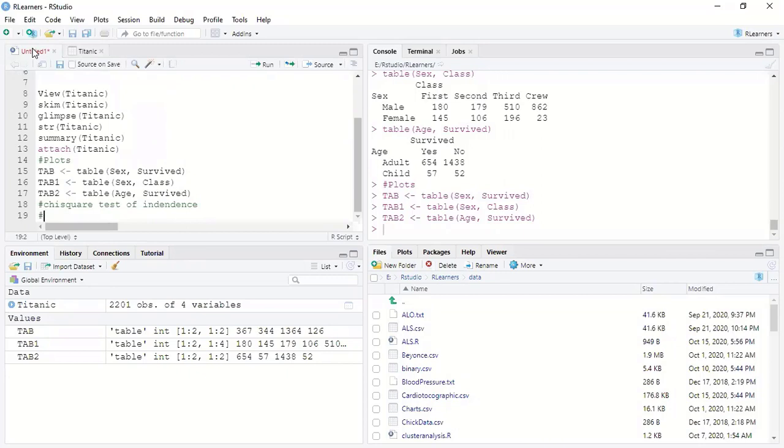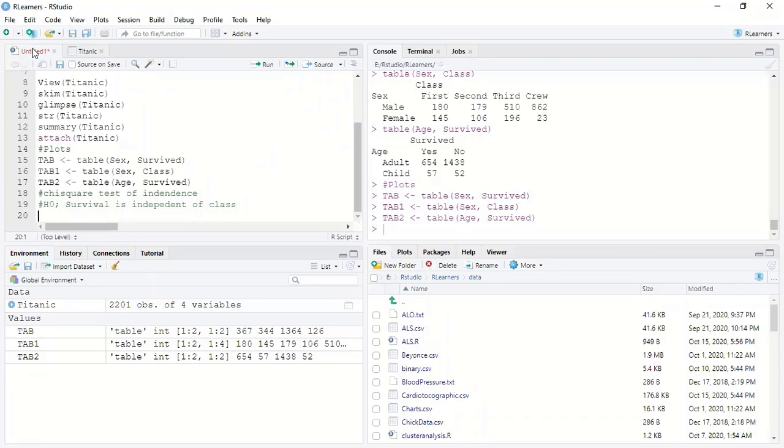So therefore, our null hypothesis, let's say that survival is independent of the class that you are in, whether you're first class or second class, whether you survive or not, that it did not matter which class you are in.